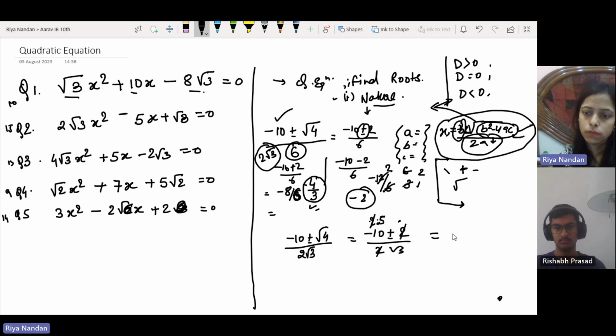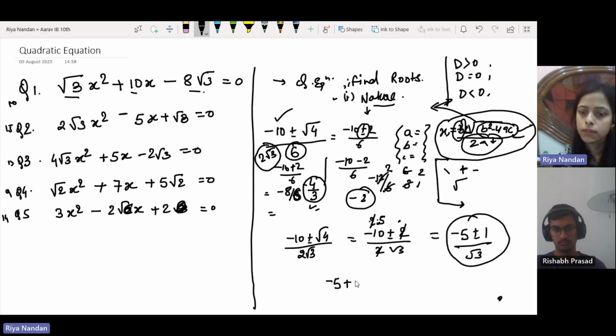So what will be left? Minus 5 plus minus 1 upon root 3, right? Yes. Clear? So now this would be the answer with the two different values. The one is minus 5 plus 1 upon root 3 and minus 5 minus 1 upon root 3.